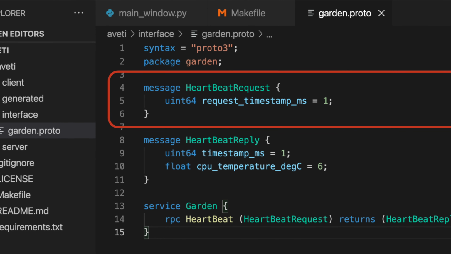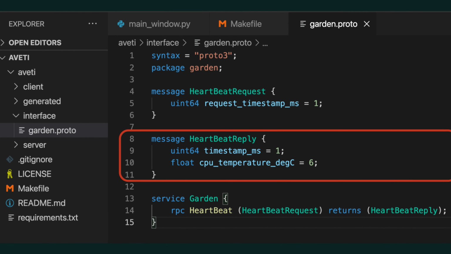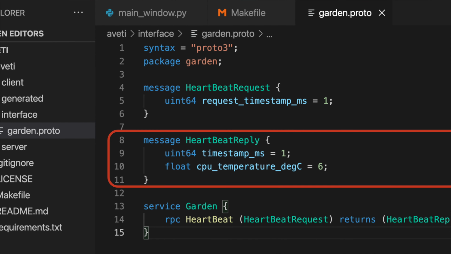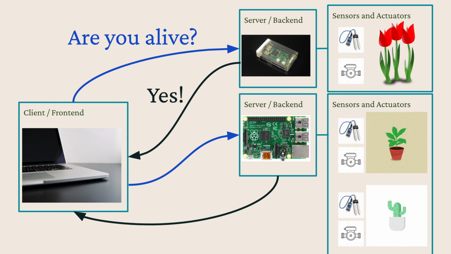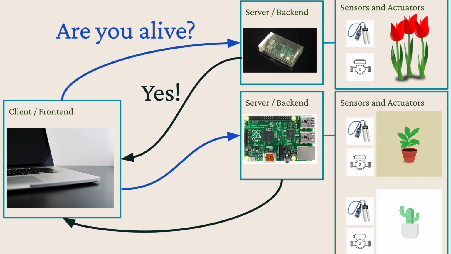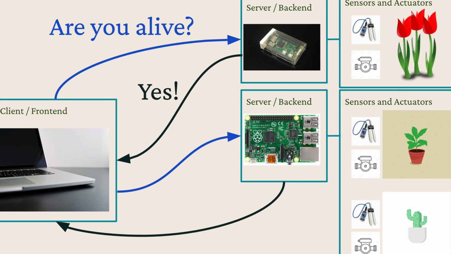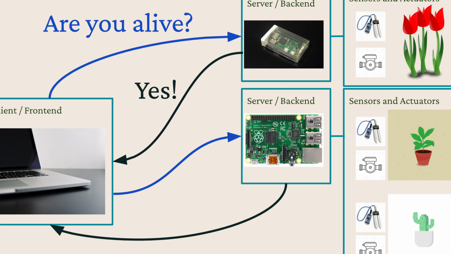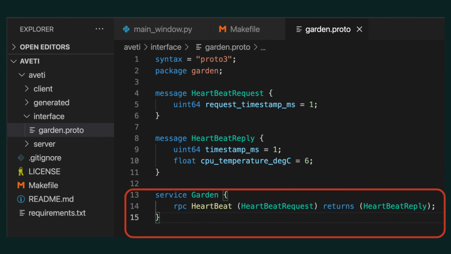If the server is up and running, it will respond with a heartbeat reply. The client will periodically send a heartbeat request, say every 5 seconds, and any server that recognizes this request sends back a response to let the client know that it is there. You can imagine why we call this a heartbeat.